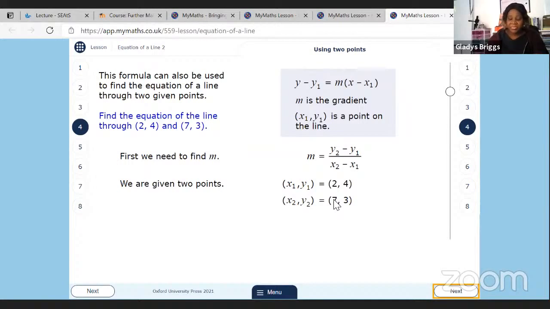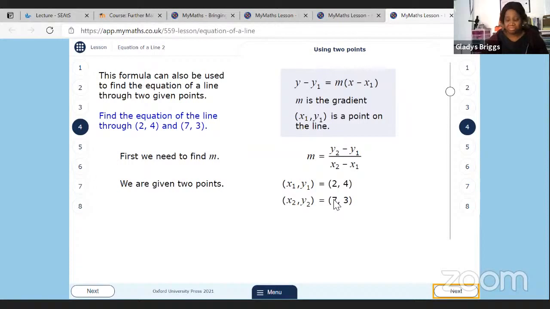Yeah. And the first thing you want to do is find the gradients and everything, write them down. Okay. x1, y1 is 2, 4. And x2, y2 is 7, 3.